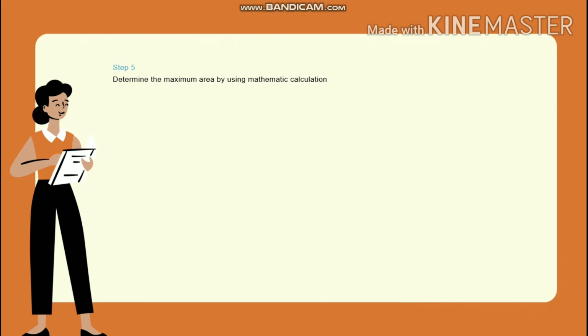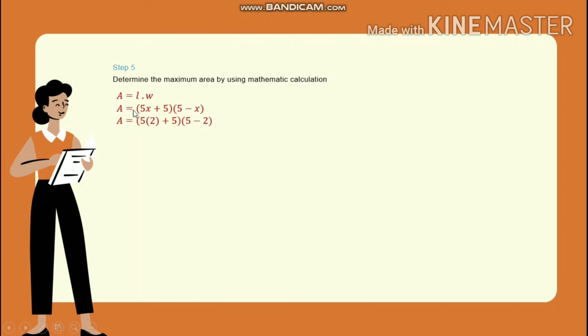Determine the maximum area by using mathematical calculation. A equal to length multiplying by width. We know that length is in the bracket 5x plus 5 multiplying by width 5 minus x, and we know that the value of x equal to 2.